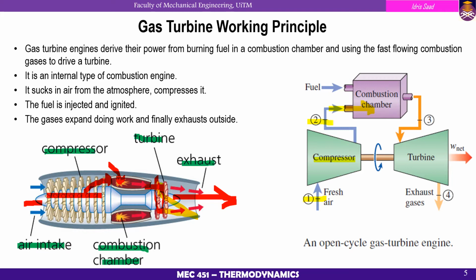Now the fuel is injected from the fuel injection system, and inside the combustion chamber, the air and fuel will combust. The combustion gases that have high energy are transferred into the turbine and drive the turbine to produce the net work. Then the exhaust gas is released to the surrounding again. So this is the actual working principle of the gas turbine engine.